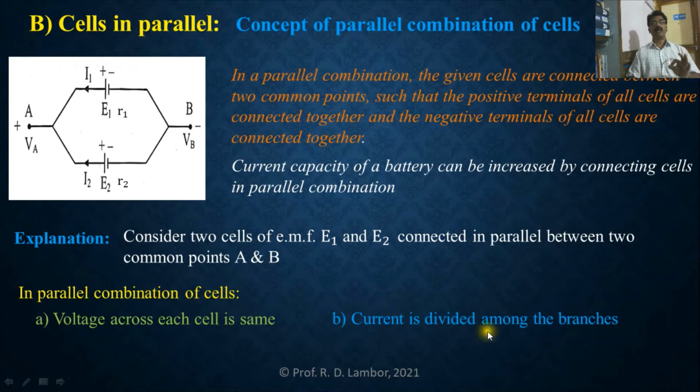Current is divided among the branches, which means that in each branch the current is different, but the voltage across each cell is the same.